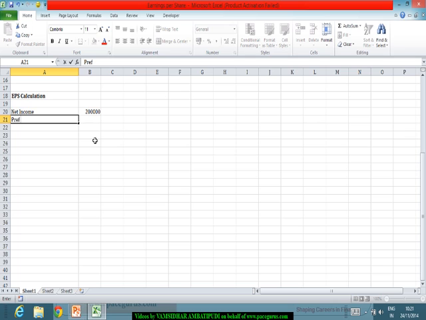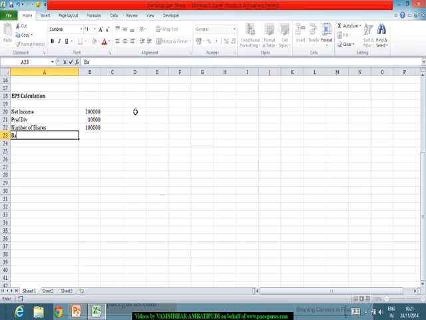Then preference dividend is 10,000. It has declared a preference dividend of 10,000, and the number of shares is, let's say, 100,000. So let's say this is the case.